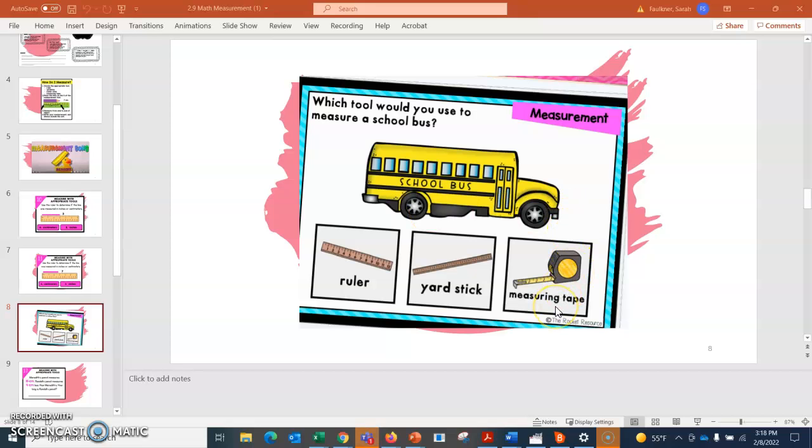You could use a measuring tape, so I would accept either of these answers, a yardstick or a measuring tape. Okay, a ruler would just take a lot longer to measure that same amount of space as you could measure with a yardstick or measuring tape. So it would be better to do it in a way that's quicker and more efficient.